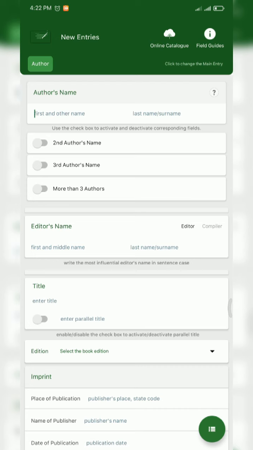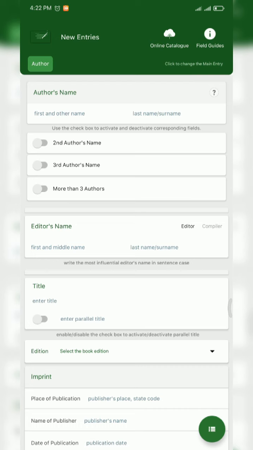They acknowledge him more as the influential author. So we'll be considering L.A. Olatunji as our main author entry.